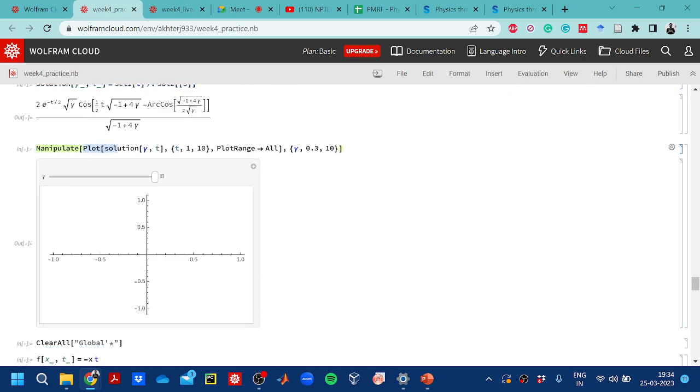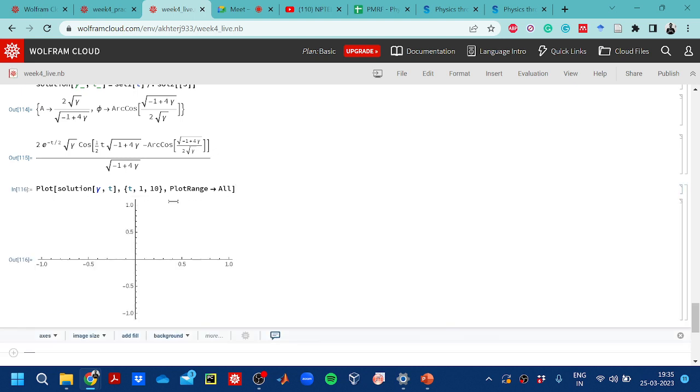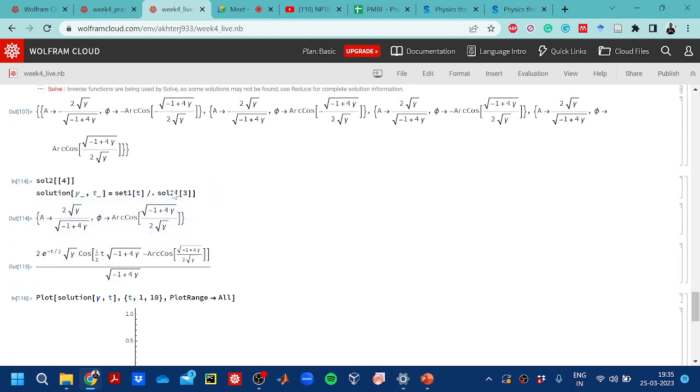So for plotting, we have to write down the following command. Plot solution of gamma t, t from 1 to 10. The gamma value we have to replace.